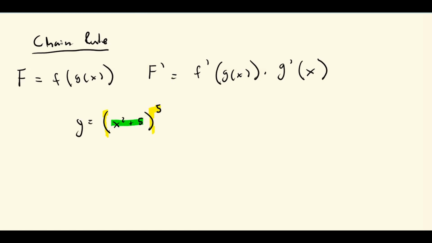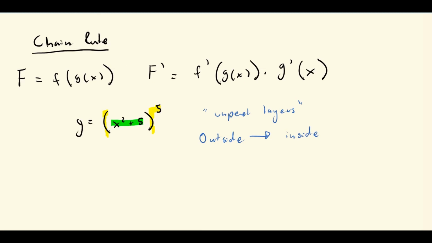So what the chain rule is telling us to do is to essentially unpeel the layers by taking the derivative of the outside layer first, and then moving in toward the inside layers. Here we see on the outside we have the 5th power function.